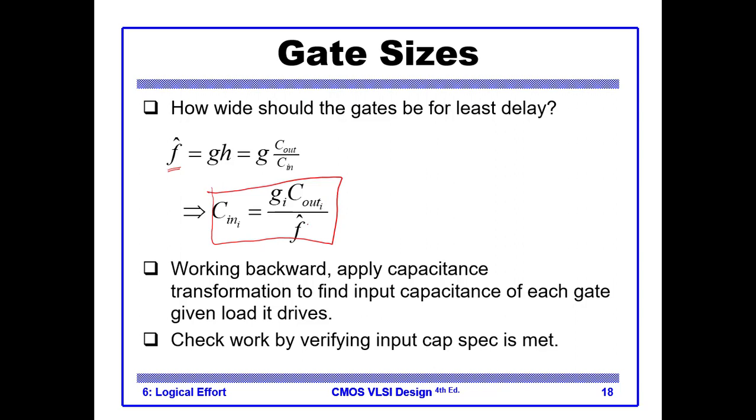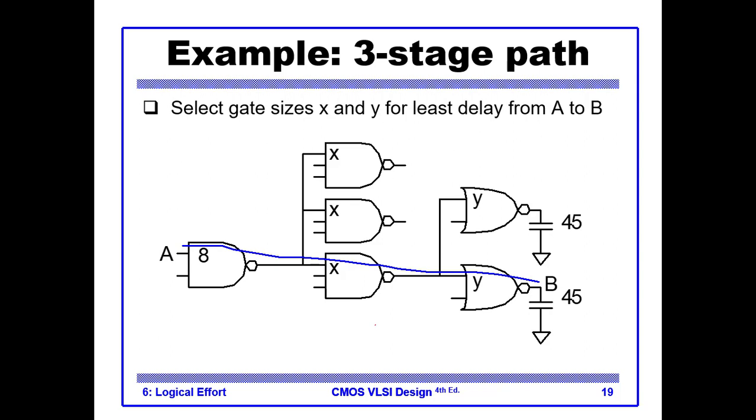So basically you have to work backward and apply the capacitance transformation to find the input capacitance of each gate. Again, I told you that you will not understand these formulas until we solve some examples. So let's try to solve this example and understand.